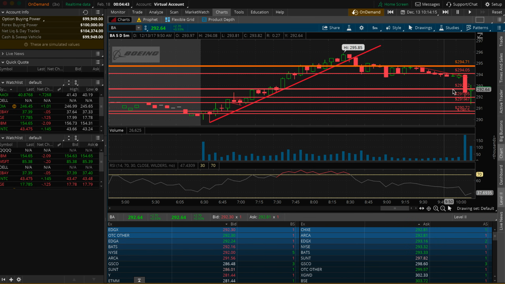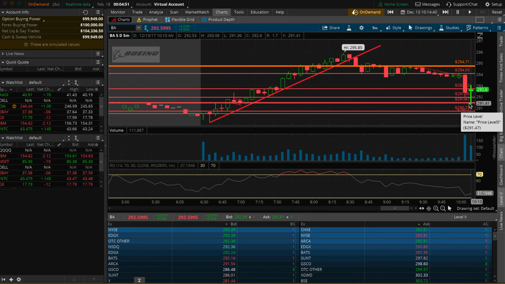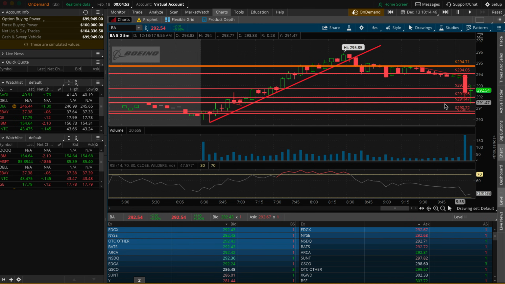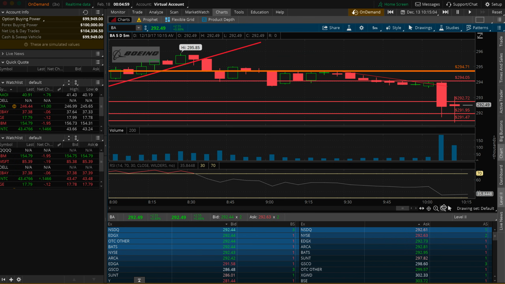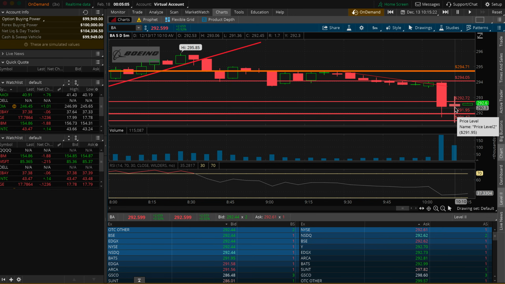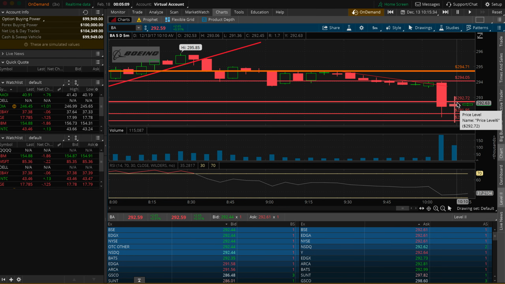Let's see. So it passed already 1, 2, 3. It hit the third support and it caught footing. Found buyers there. Oh, it made a tail, but it couldn't pass this resistance.